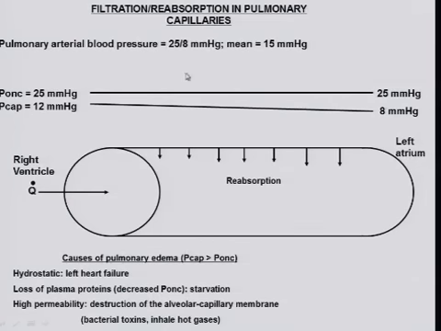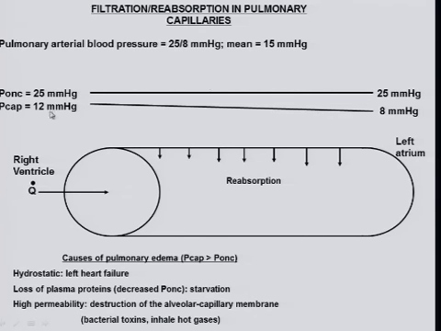So you can see already the pulmonary circulation starts at a much lower pressure. Now when we talk about the pulmonary capillaries, which are even further downstream from the pulmonary artery itself, we start at a pressure of about 12 millimeters of mercury, and our oncotic pressure still stays about the same as you would see systemically at 25, and it stays constant.